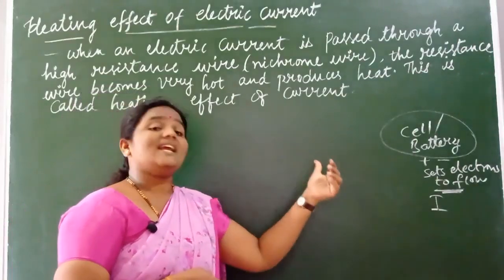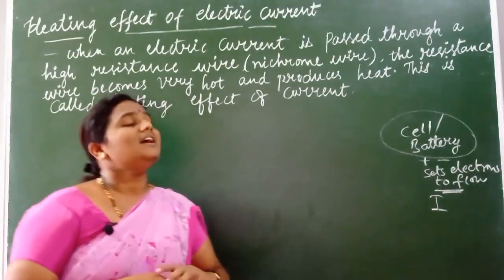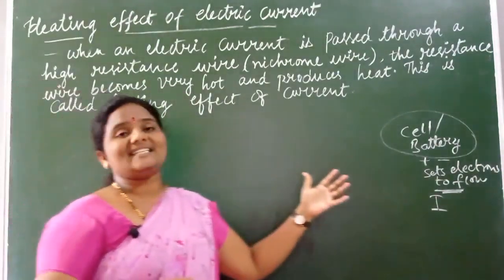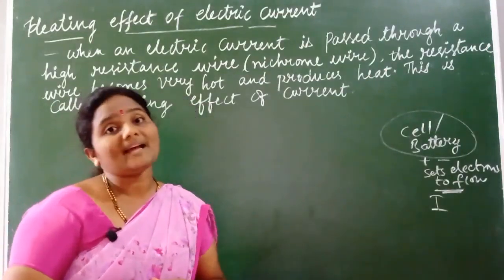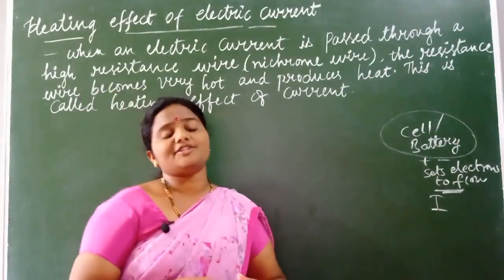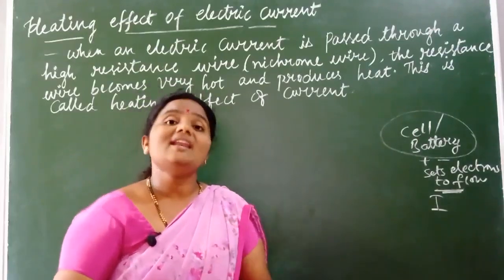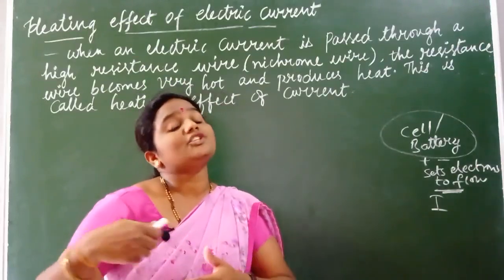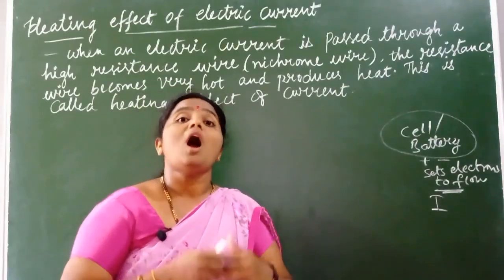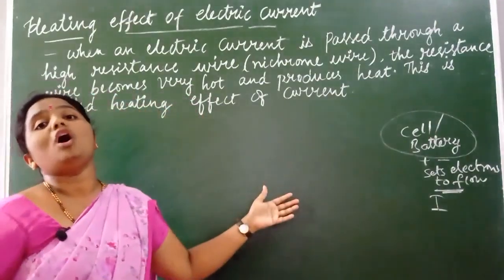But where does this heat energy come from, children? When an electric current is passed to an electrical appliance, most of the energy is utilized in running it, whereas a small amount or a part of the energy is converted into other forms. Here it has been converted into heat.